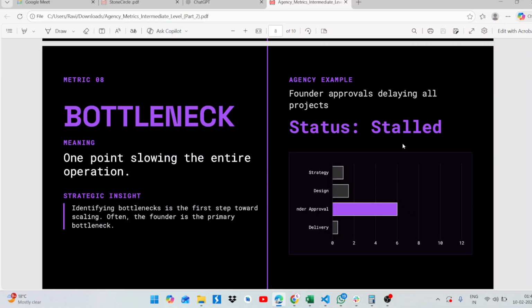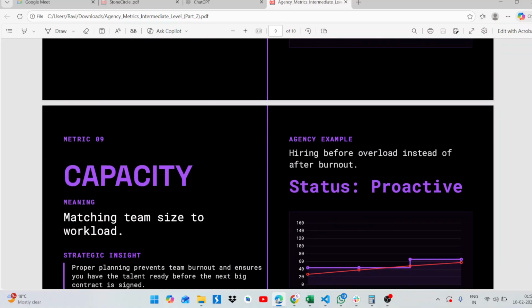It has been stalled. So that is the bottleneck. We have to always have visibility on the bottleneck. Identifying the bottleneck becomes very important, and that is the hardest part most of the time. You have to first identify it, and then understand how to solve it. Oftentimes the management people are the reason for the bottleneck, so this has to be solved by the leadership itself.